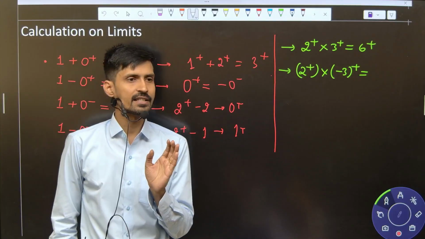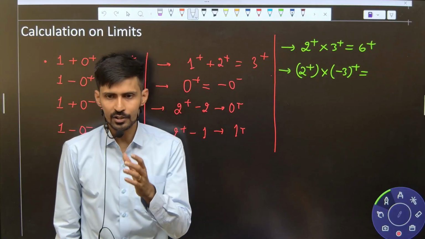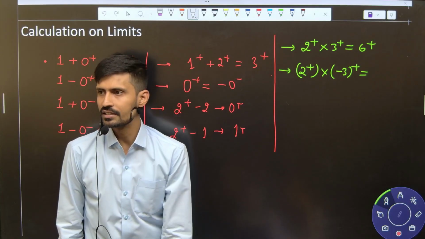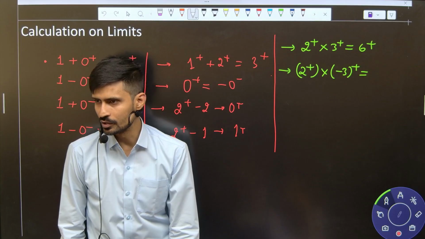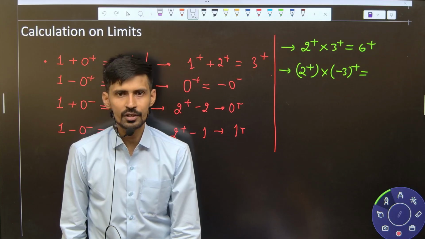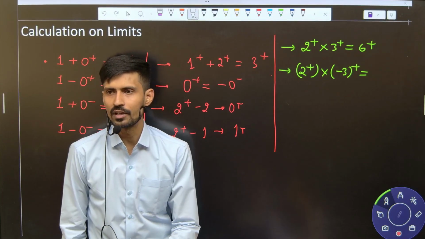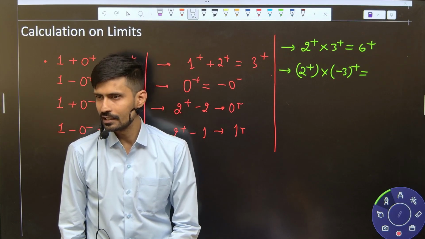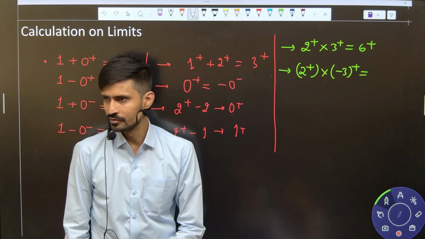If I am telling you, how do you represent 3 plus with a number? 3.000000001. If I say how will you represent 3 minus with the help of a number? 2.999999. Yes or no?